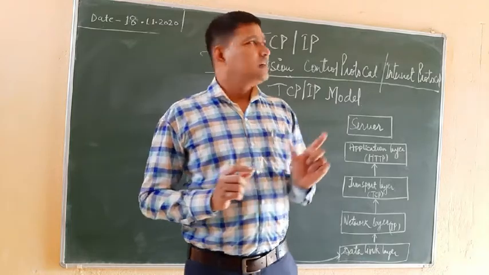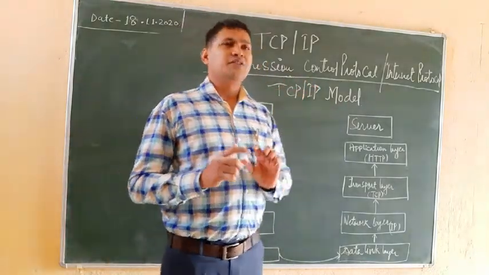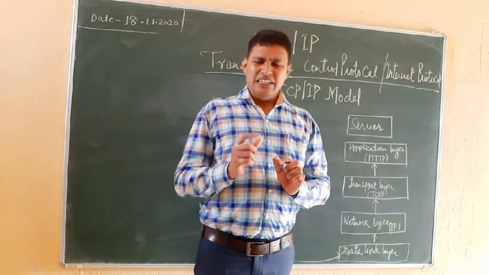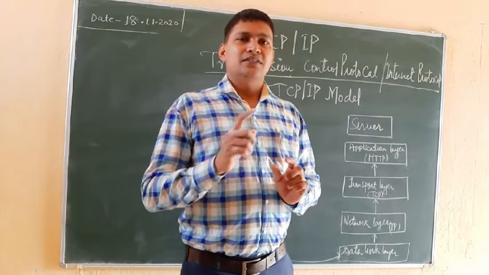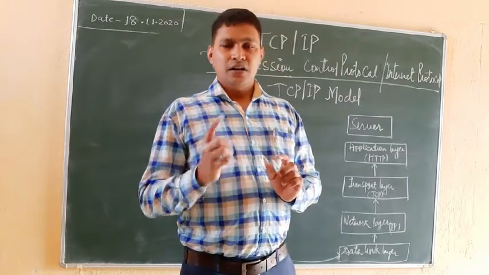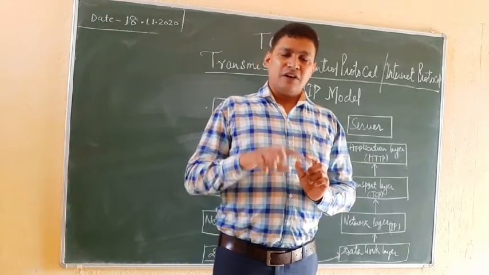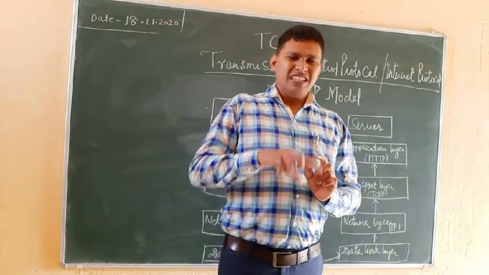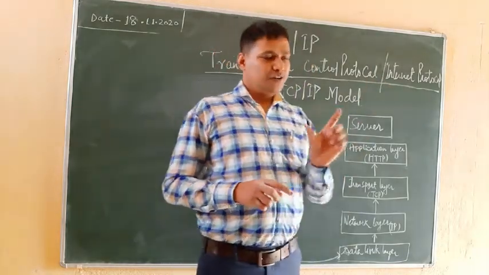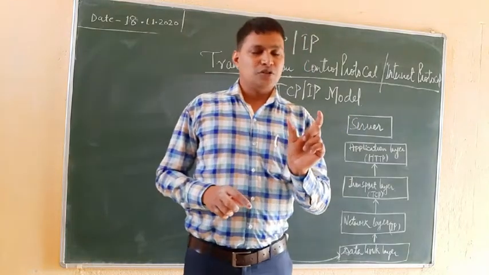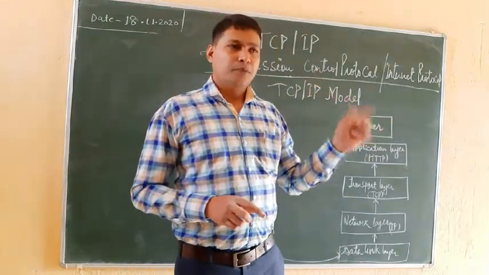This is done by the Transmission Control Protocol, and after the division, each packet contains the destination address and the source address. The destination address and source address are defined in each packet with the help of the Internet Protocol, and the division of data into small packets is done by the Transmission Control Protocol.